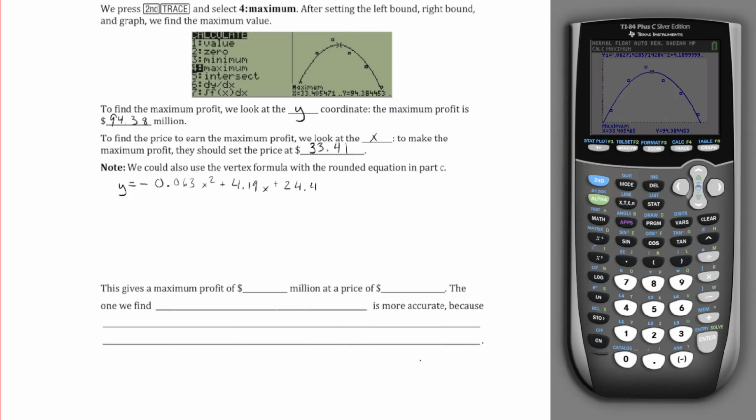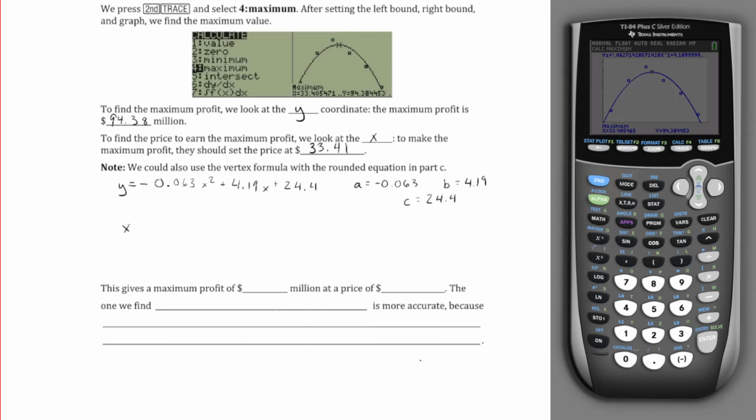So for purposes of the vertex formula, we'll have A is negative 0.063, B is 4.19, and C is 24.4.